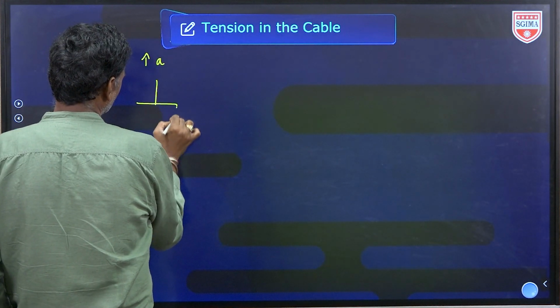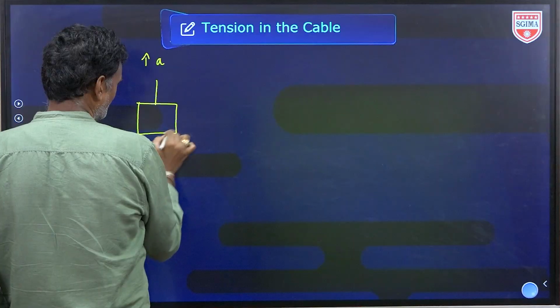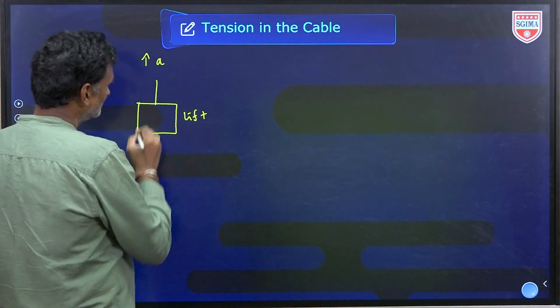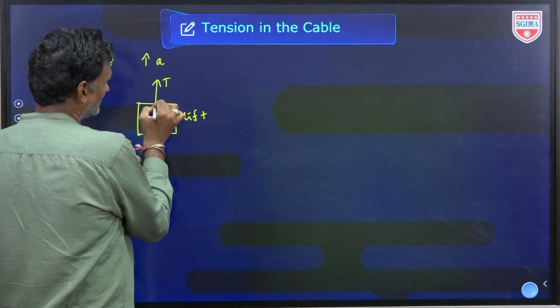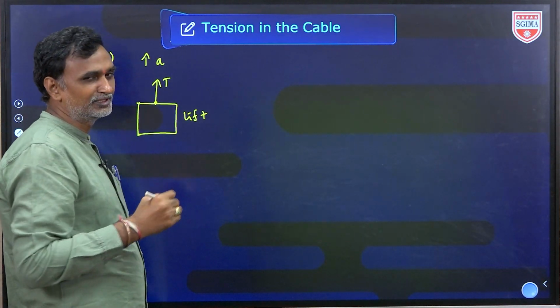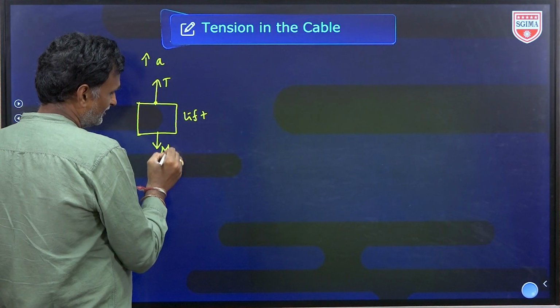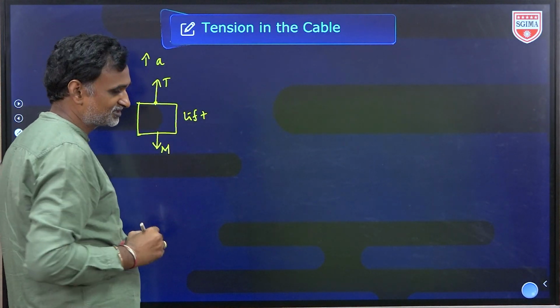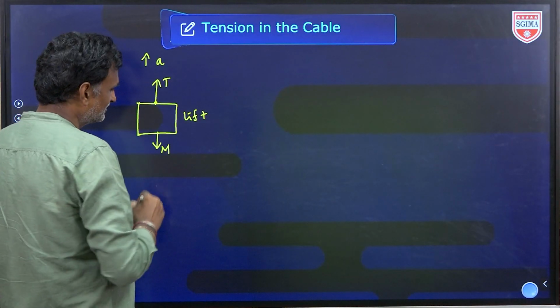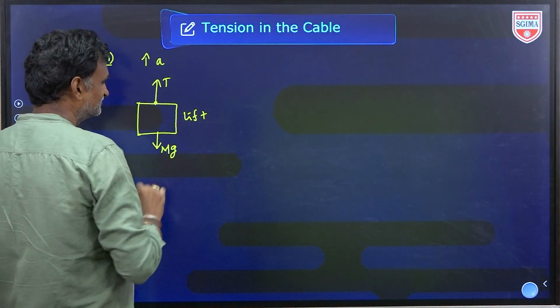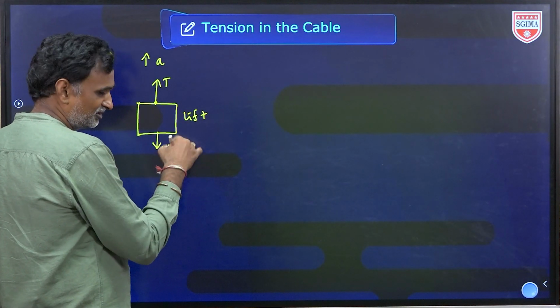Consider this entire box as the lift, and here the tension in the cable holds the complete lift. The total mass of the lift including passengers is m, and the total weight force is mg downward.